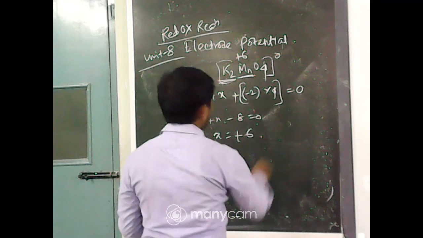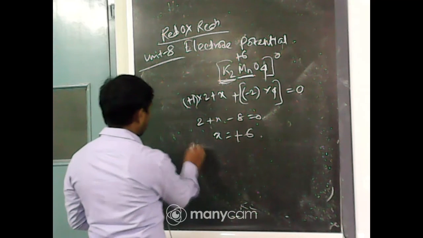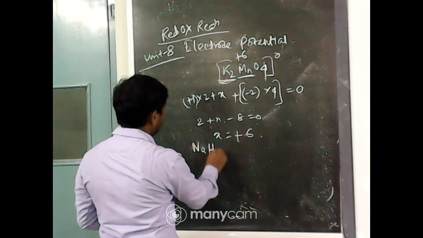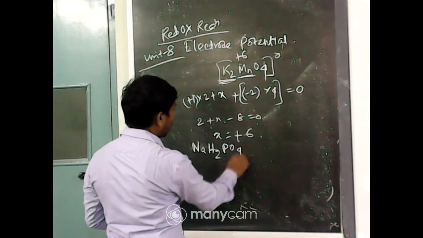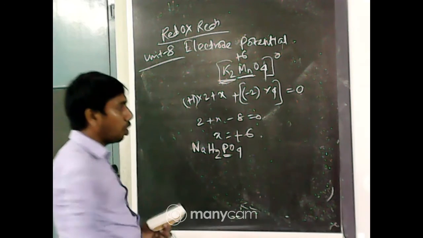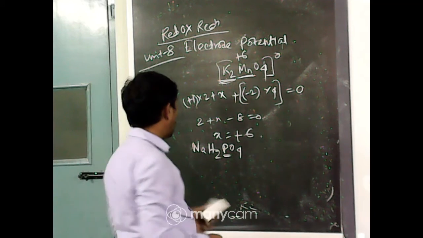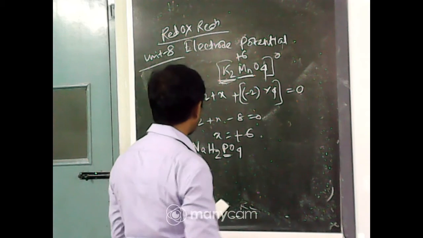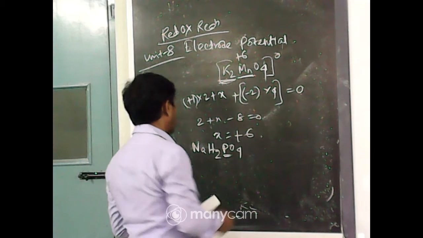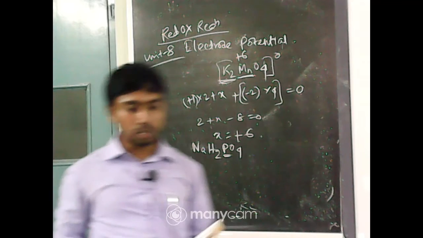NaH2PO4, the oxidation state of phosphorus. What would be the oxidation state of phosphorus here?